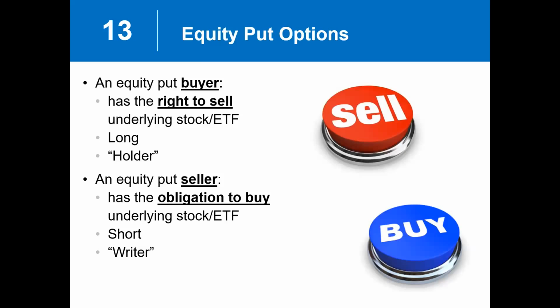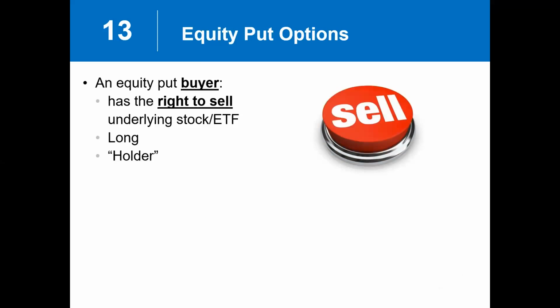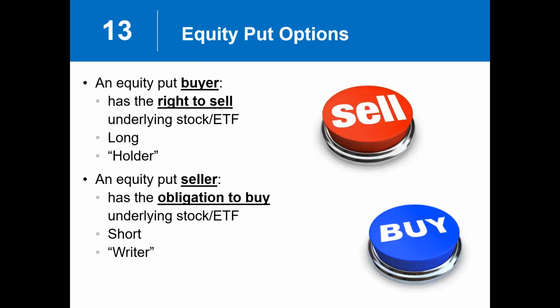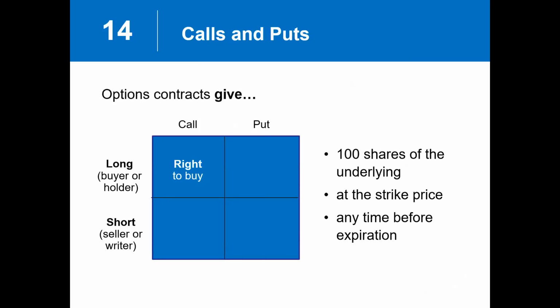All right, so call buyers have the right to buy the underlying. Call sellers take on the obligation to potentially sell the underlying. Put buyers take on the right to sell the underlying index, stock, or ETF. And then put sellers take on the obligation to potentially buy the underlying stock, index, or ETF. Four real keys. Again, option contracts give the call buyer the right to buy the underlying.